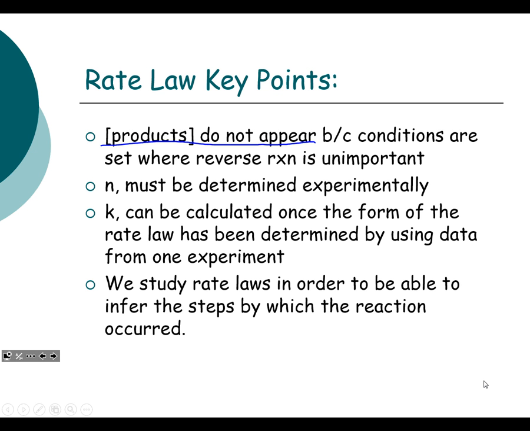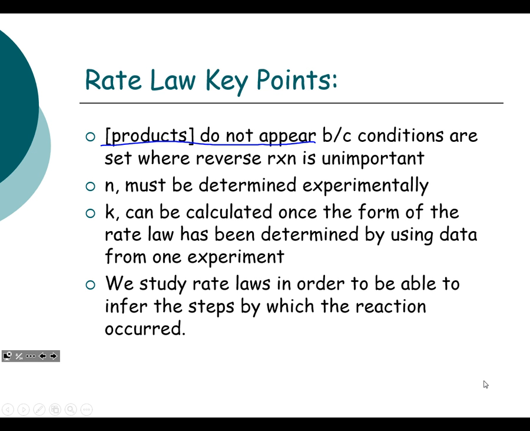So far in our chemistry career, we kind of think we take two chemicals, toss them in a beaker, and we get a product. Well, there's a lot of little elementary steps that have to occur. There are different bonds that have to be broken, new bonds that have to be formed.